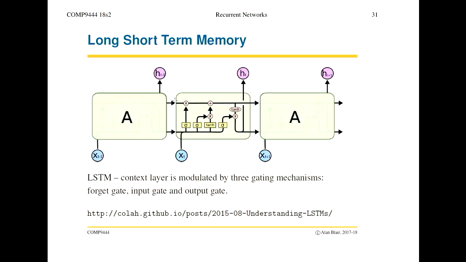So the hidden unit activation from the previous time step arrives here, and the output from the previous time step is arriving here. Now the output from the previous time step and the new input are concatenated, multiplied by a matrix, and then a sigmoid activation function is applied.